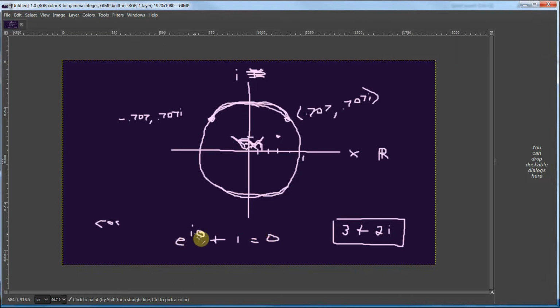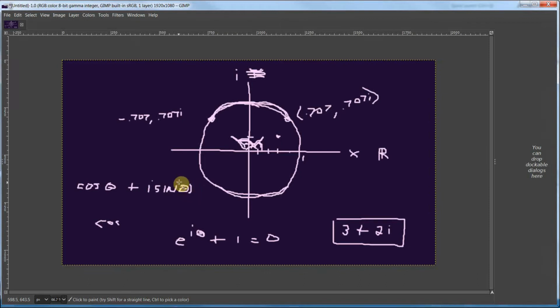But this e to the i theta is really just saying cosine of theta plus i times the sine of theta. Right, so just remember that every time: cosine of theta plus i times the sine of theta.